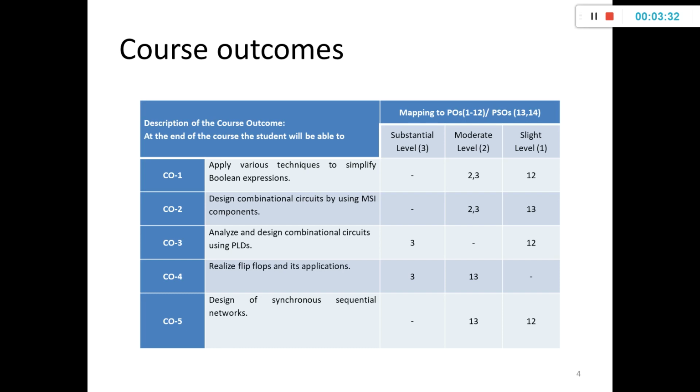Next, coming to the course outcomes. At the end of the course, what the student will be able to understand. There are 5 course outcomes. The first course outcome is to apply various techniques to simplify boolean expressions. Now the question comes, why do we reduce the boolean expression?